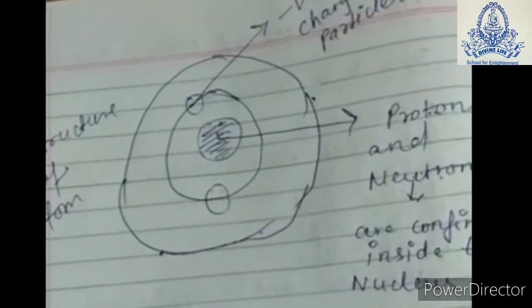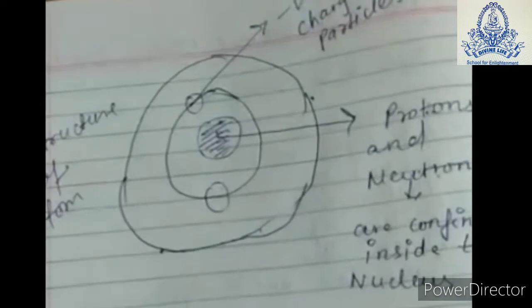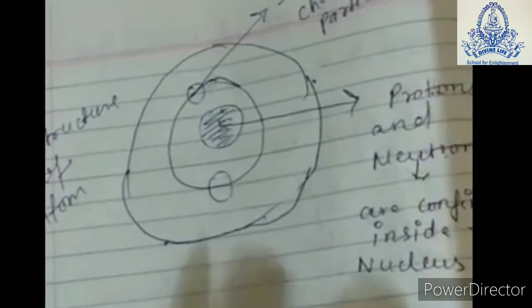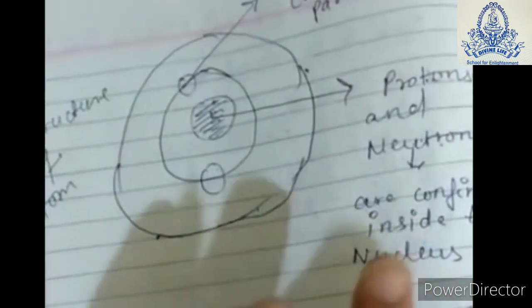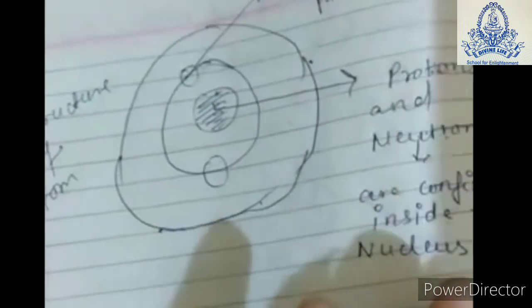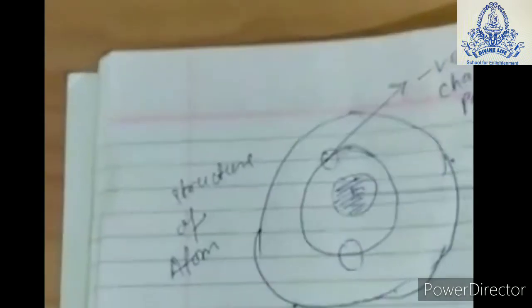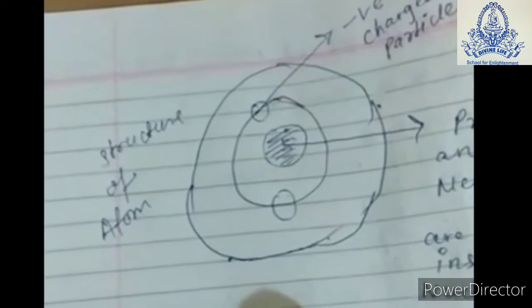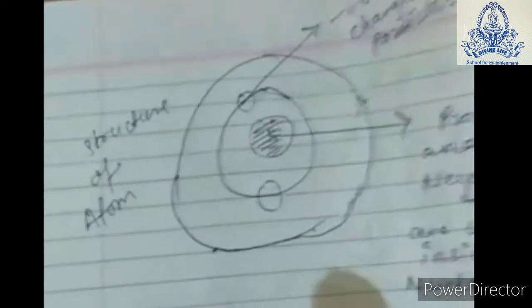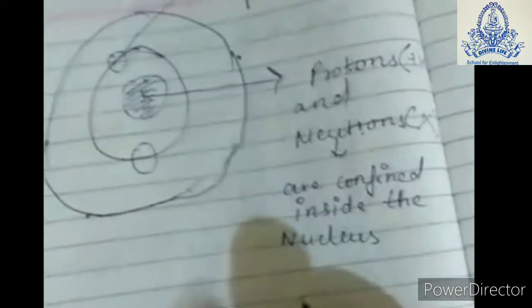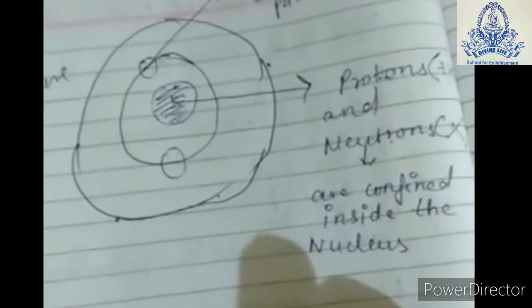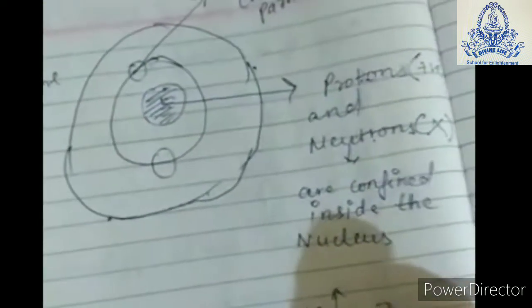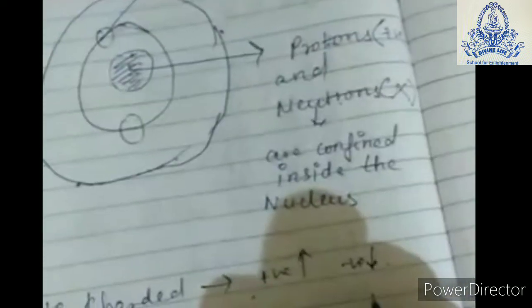More positive charge would mean less negative charge. That means the body has a greater number of positive charges and a lesser number of negative charges, right?